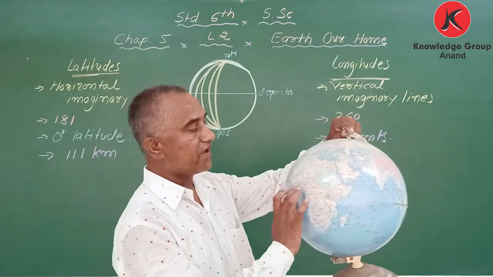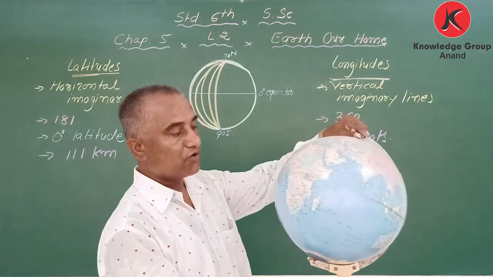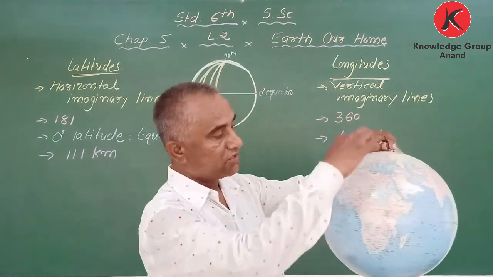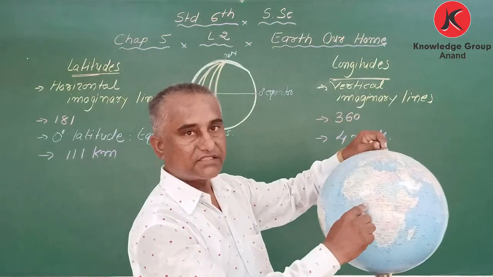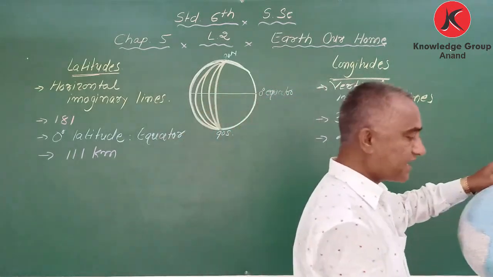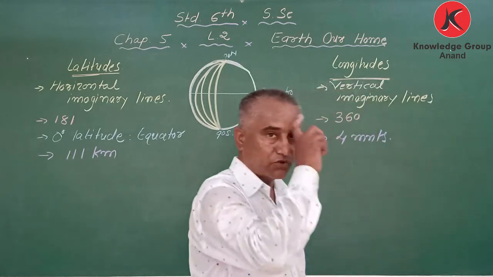On this globe you will find all the continents and the oceans and everything. Here lines are drawn. The vertical lines are called longitudes, and horizontal lines are called latitudes. Got it?